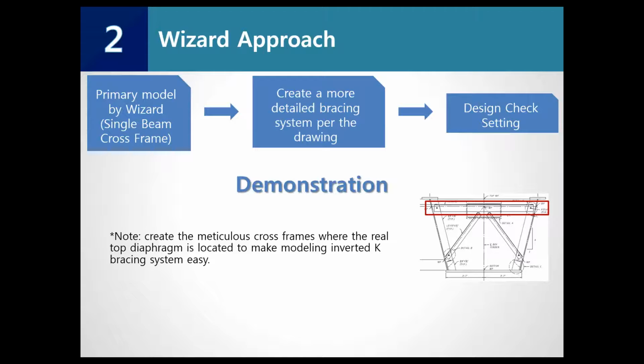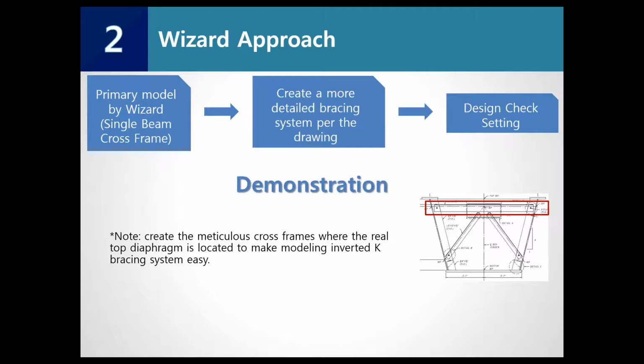Let's assume you model the inverted K bracing system like the picture on the right-hand side. First of all, from the given top diaphragm location information, you can define the node locations for the top diaphragm in the widget. Again, the widget can only do the single beam cross frame.